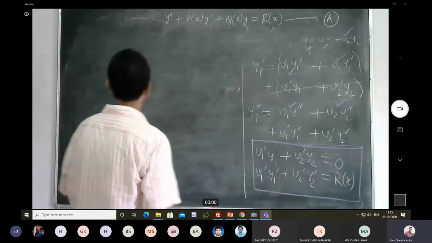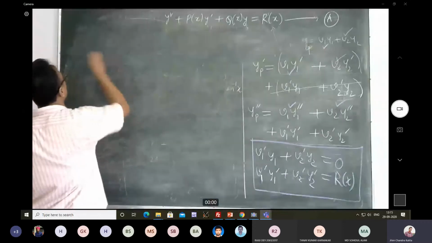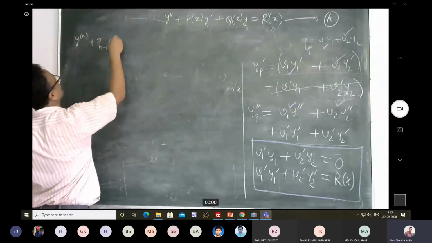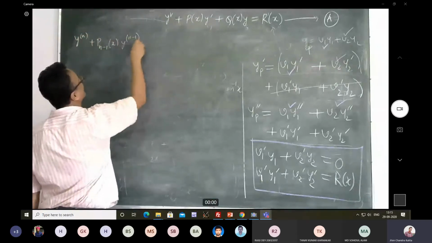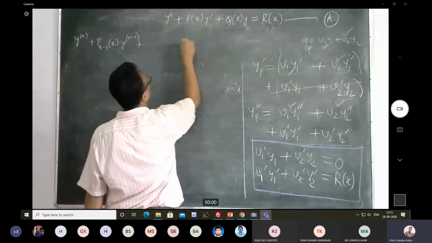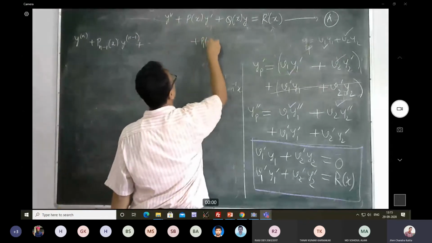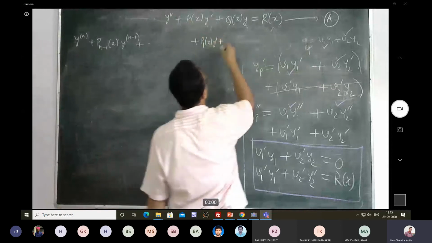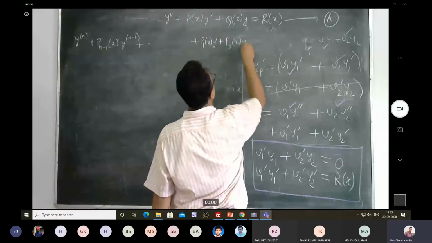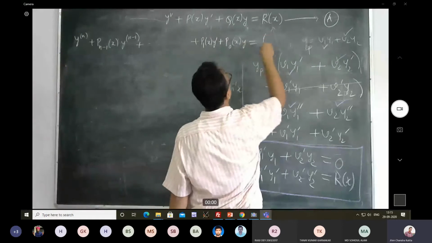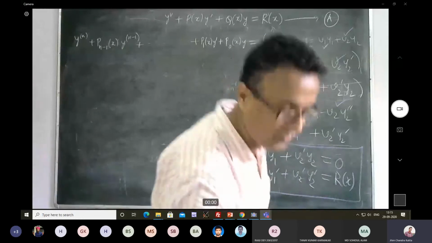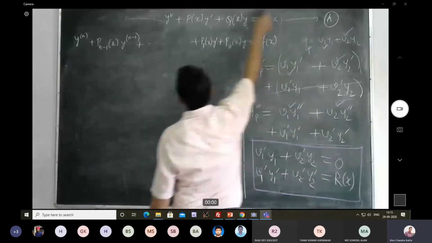Now, suppose you have something like this, I mean, nth order, p_n, it's fine. This is equal to say f of x. Okay, so now let me call this as A.